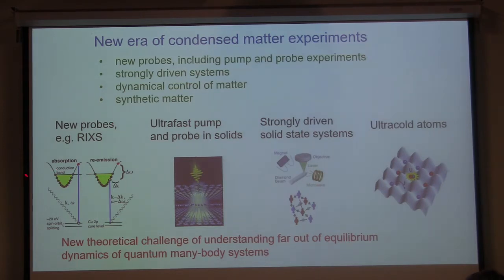And the way it works is that when you send in a photon, you tune its energy in such a way that it resonantly excites an electron into the conduction band, and the dynamics that it gives rise to actually has to do with this core hole exciting many electrons or collective modes in the many-body state. So in order to understand the cross-section, one really needs to explore the full non-equilibrium dynamics of the many-body systems.